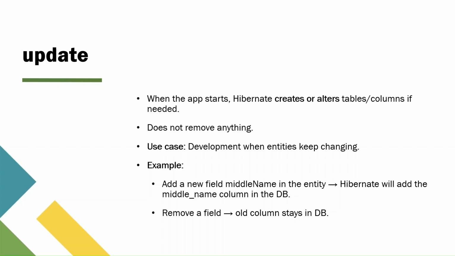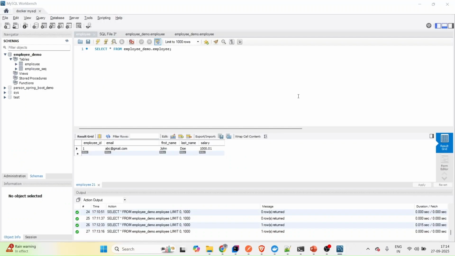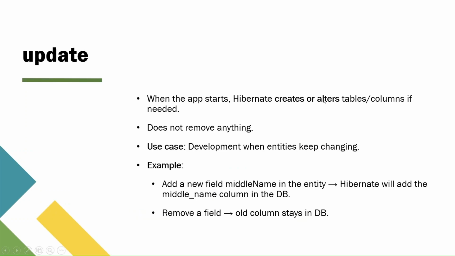So let's first see the meaning of alter tables. Alter tables means when you add a new column in your table, when you remove a column from your table, or when you change the type of your column.